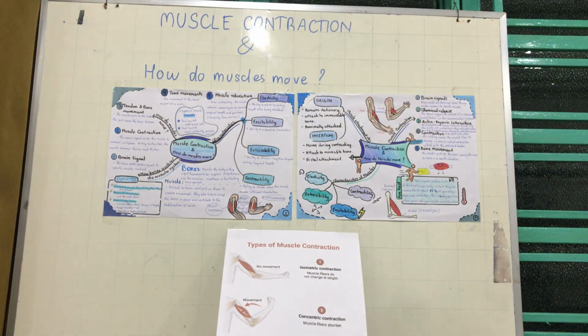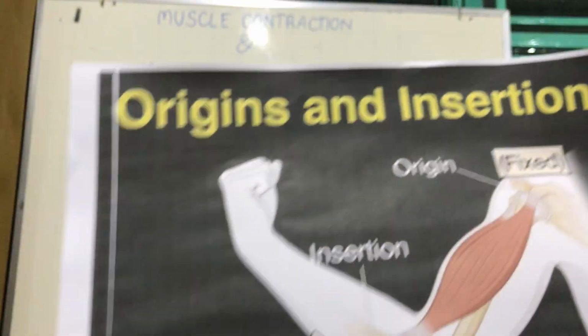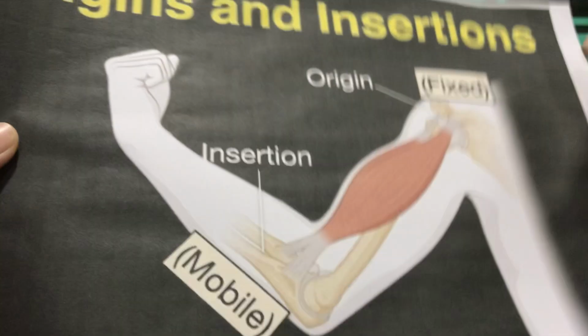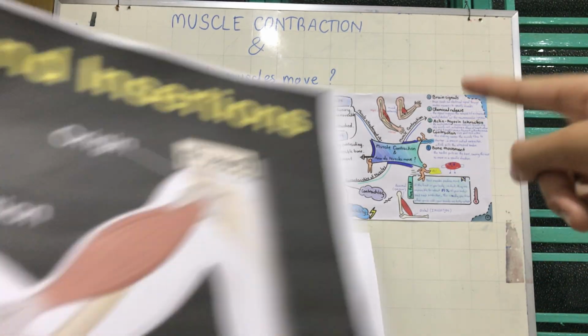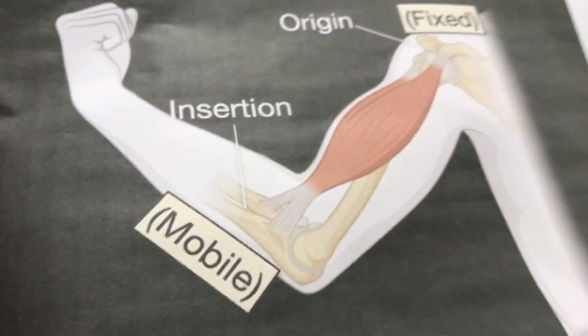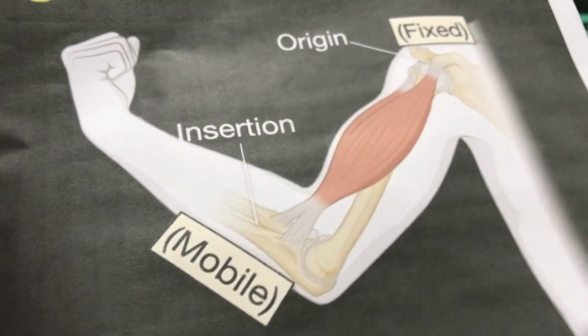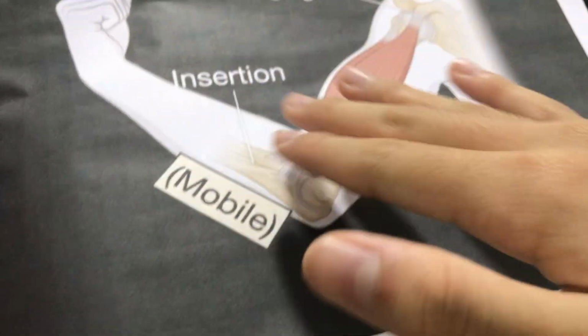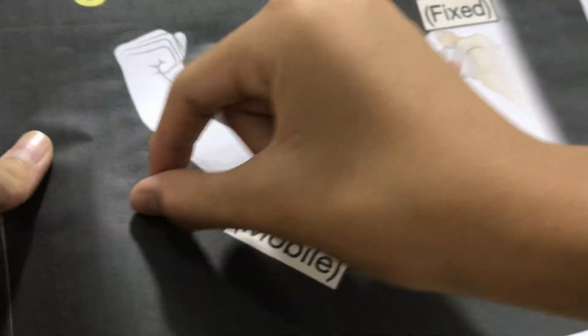Okay, so let's take this picture again. Origins and insertion. Let's say that we had that process of contracting over there, and then this muscle is stimulated. So when it is in its resting position, it will be outstretched like this, not like this.